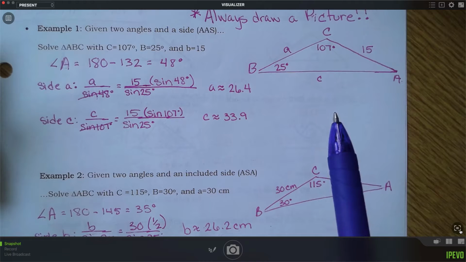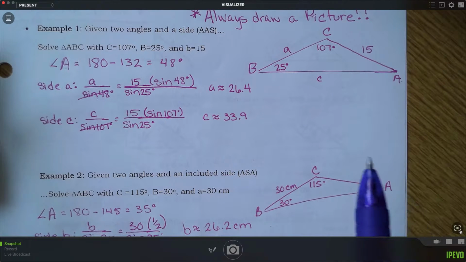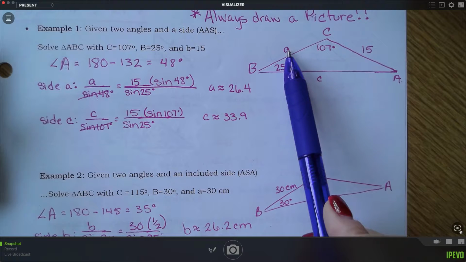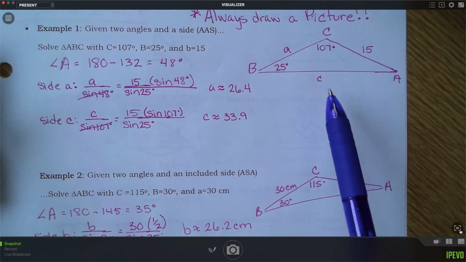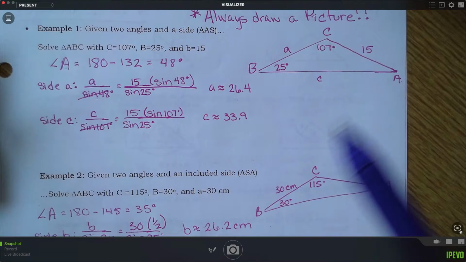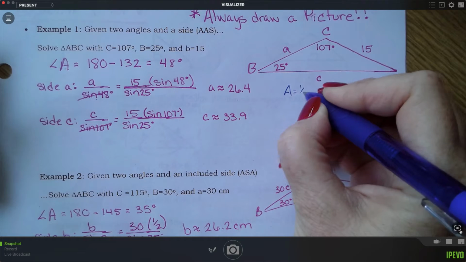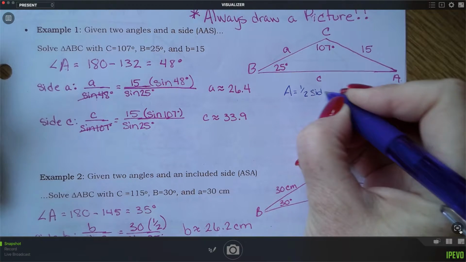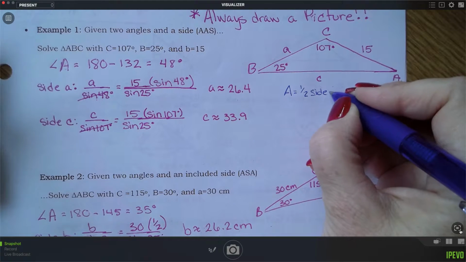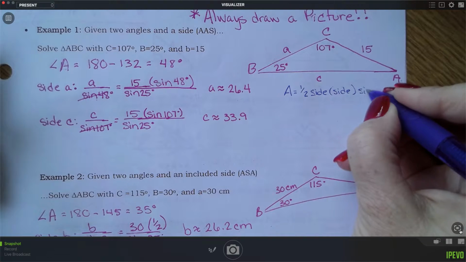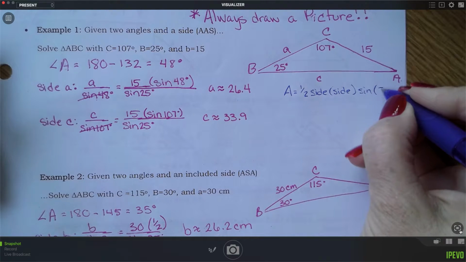To finish the first equation, I just need a side, an angle, and a side, and I do have that already. We already found A. The other formula would use how many things that I found? Two. So which one should I use then? The first one, 1/2 side, side, sine of the included angle, right?